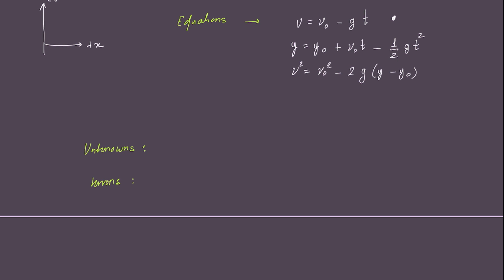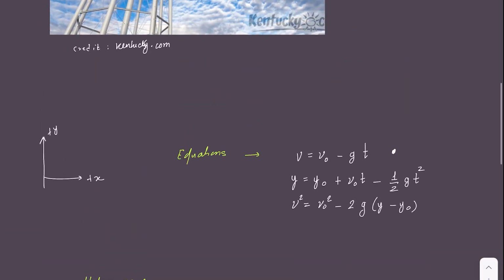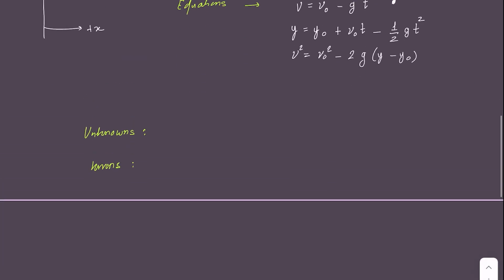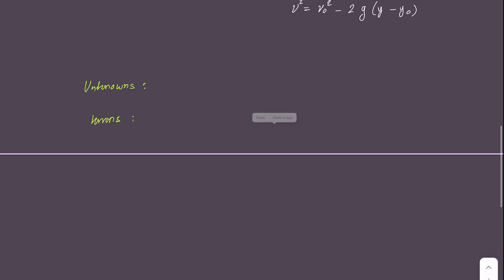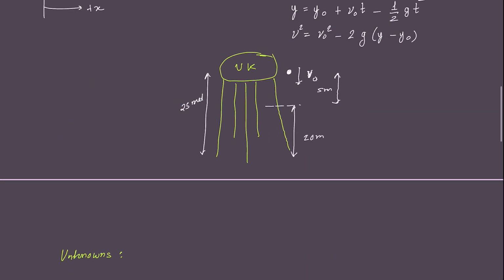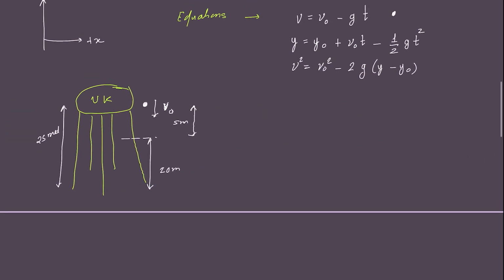And what I'm going to do now is first write down the unknowns and knowns. Well, even before doing that, let's look at this picture and attach our coordinate system at the top of the tower.